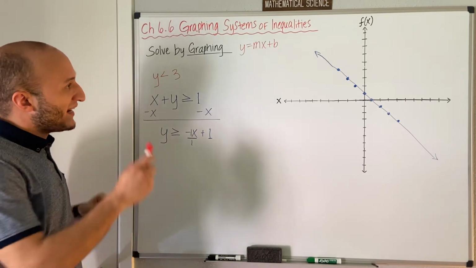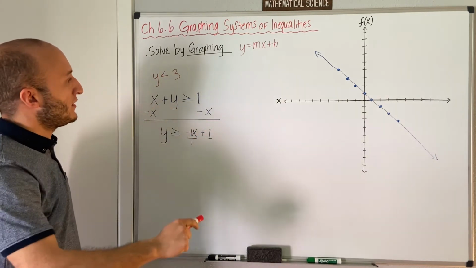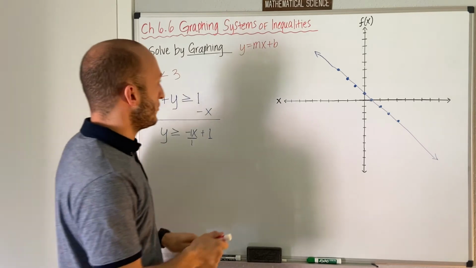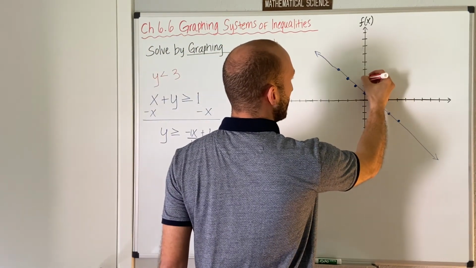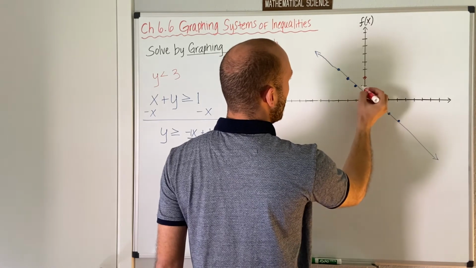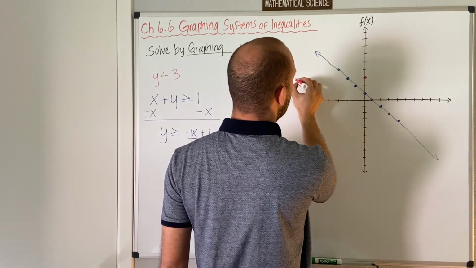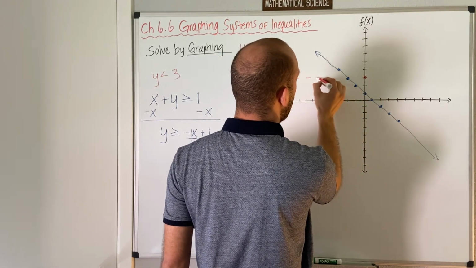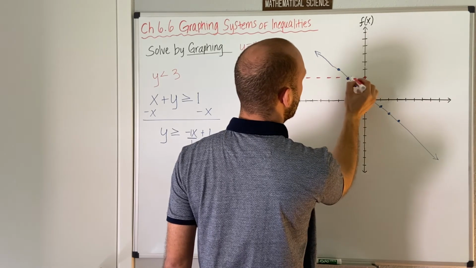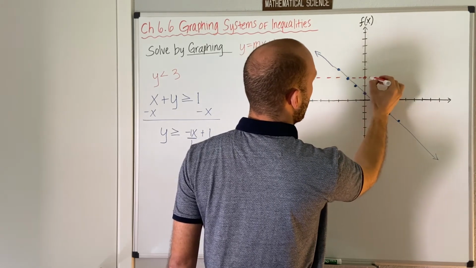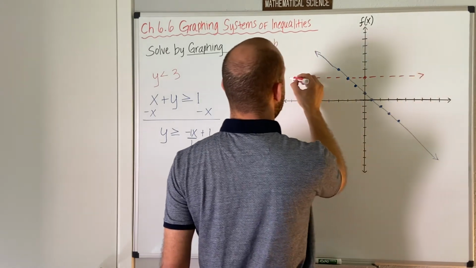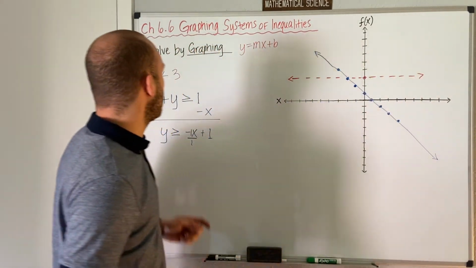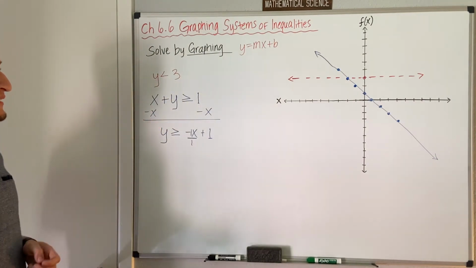It means that at any point on that graph, y is going to equal 3. So that's a positive 3, here on my y. It's going to cross here, and it's going to cross all of these. Now I'm going to make it a dotted or dashed line here because it is not equal to, it's just less than.